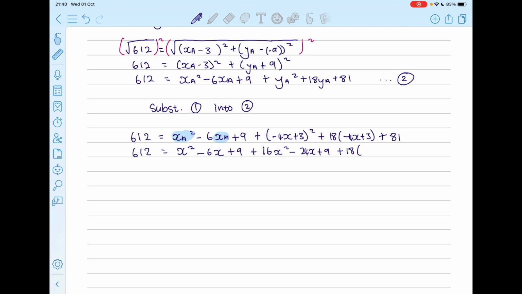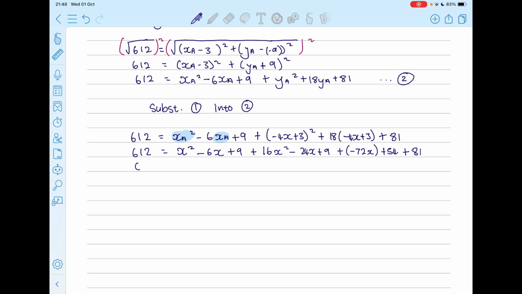Okay, plus 18. Here we can actually just multiply it in. So 18 times negative 4 you get negative 72x, and then 18 times 3 is plus 54. And then here we've got plus 81.